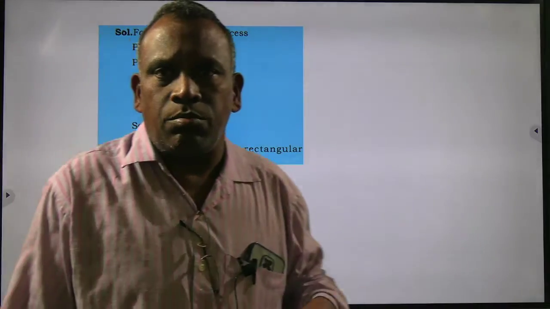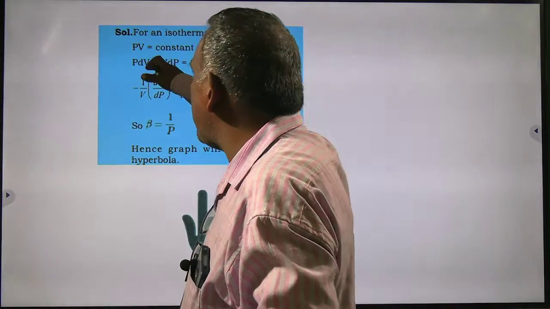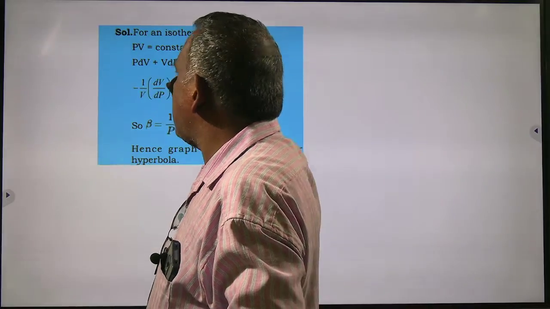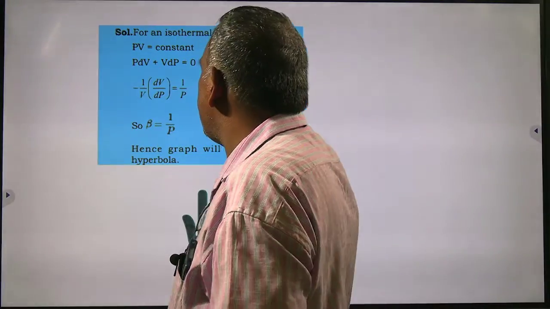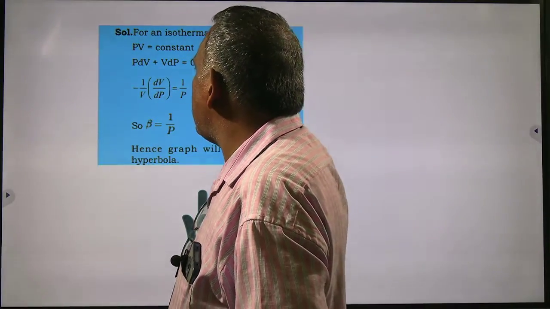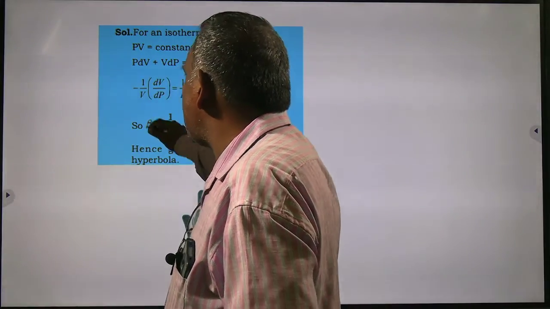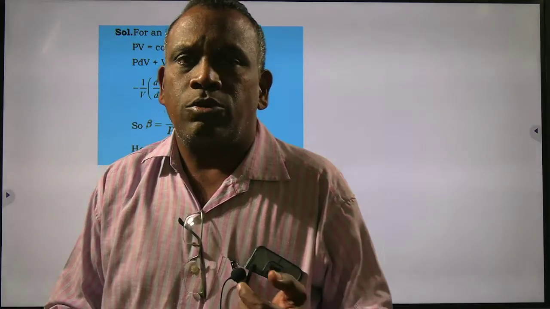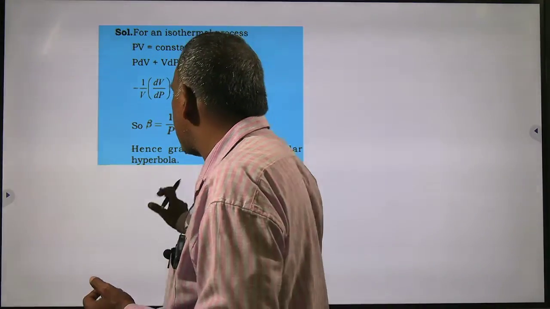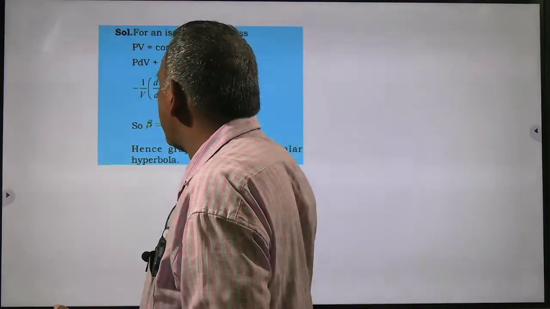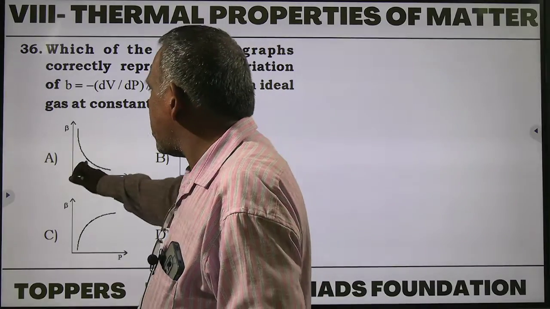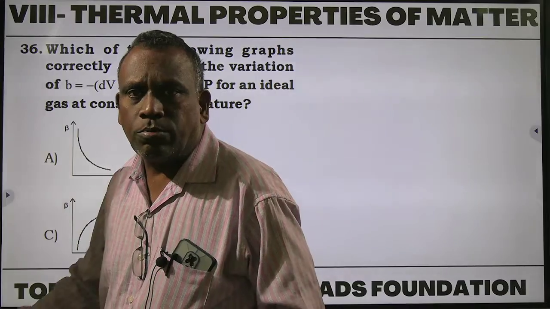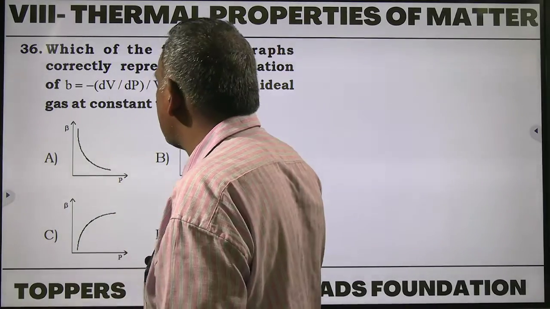Apply differentiation on both sides, then P dV plus V dP will come, which equals 0. If you simplify, you get that pressure is inversely proportional to volume, that is a rectangular hyperbola. In the given options, option A is the correct answer for this question.